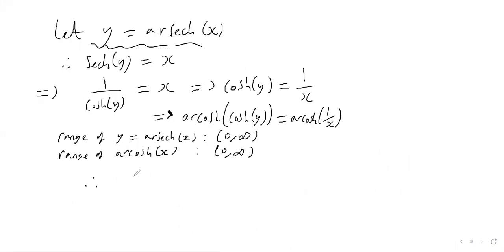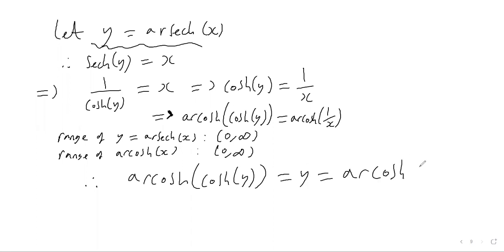So therefore, arcosh of cosh of y equals y, and this obviously equals the right hand side of the equation, which was arcosh of 1 over x.